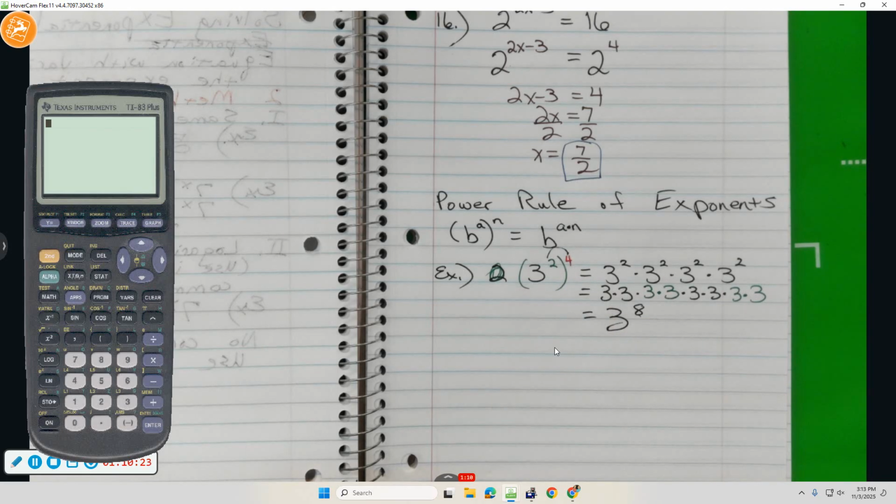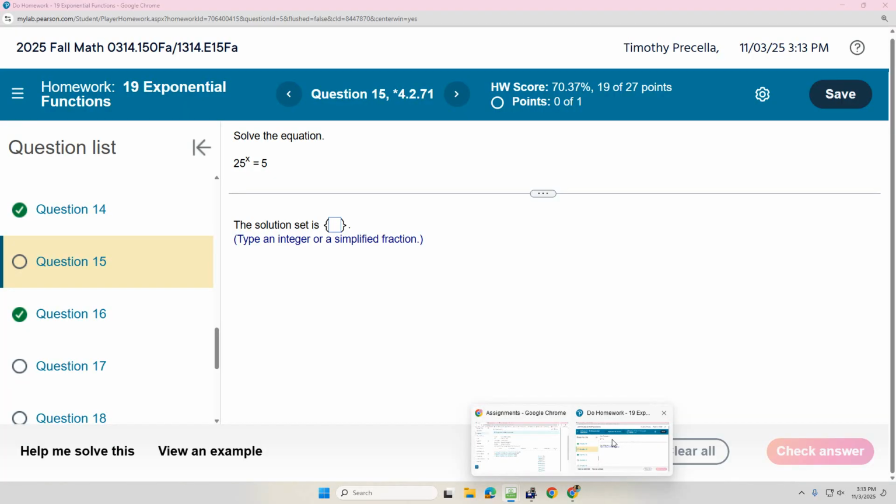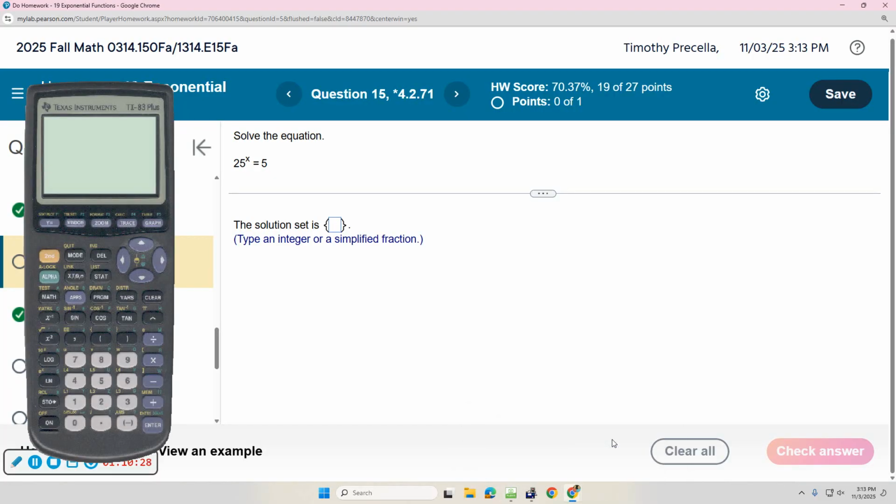Okay, looking at number 15. We have 25 to the x is equal to 5.